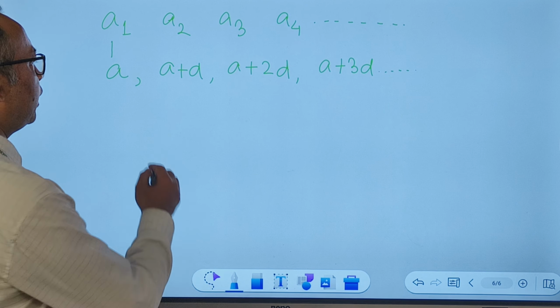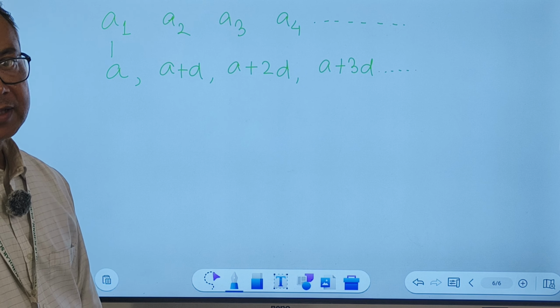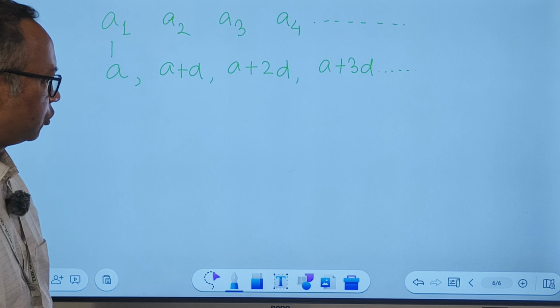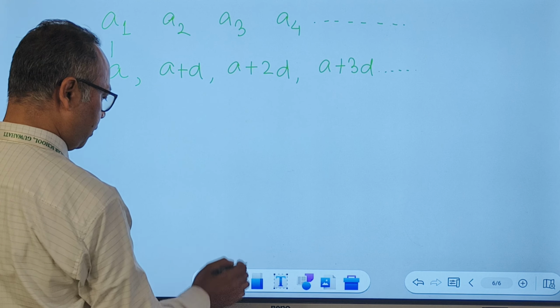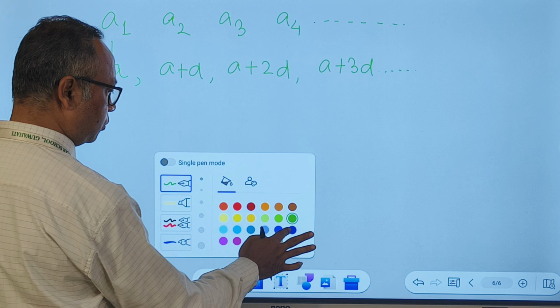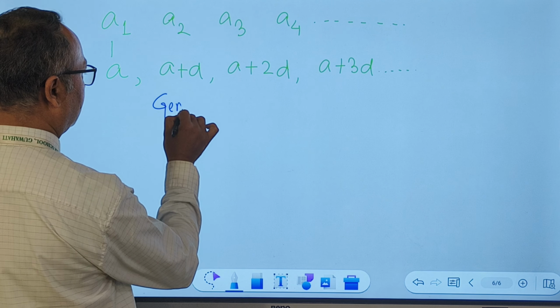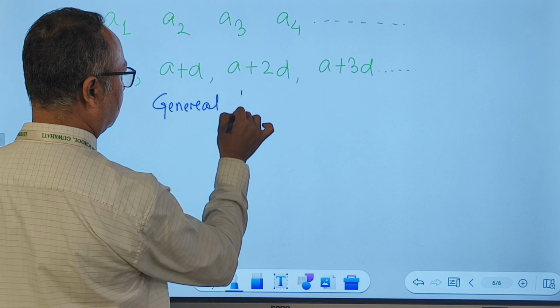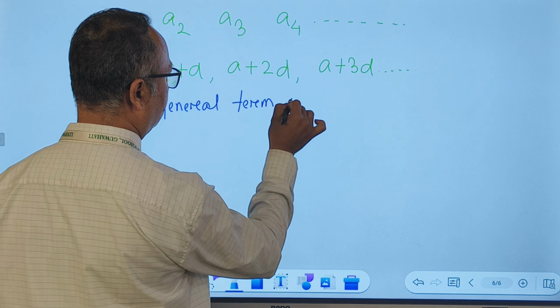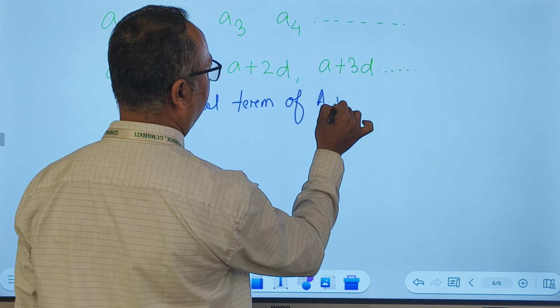is called the general term of arithmetic progression. So it is called the general term of AP.